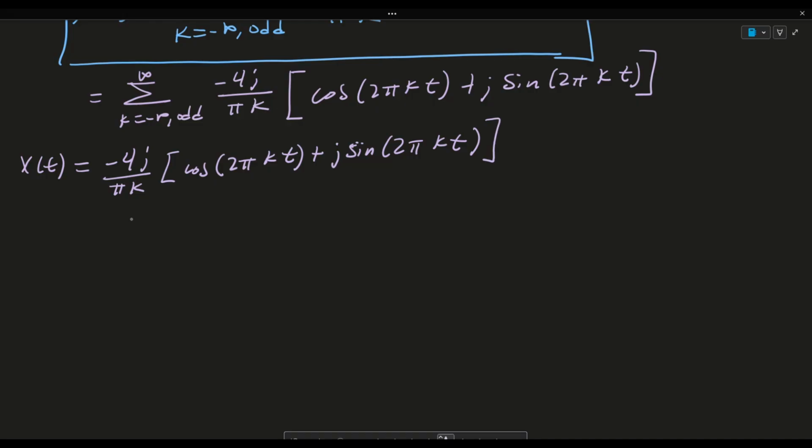All right. And then this becomes plus minus 4j over pi. Now, this is the negative case, all right, times cosine 2 pi kt.